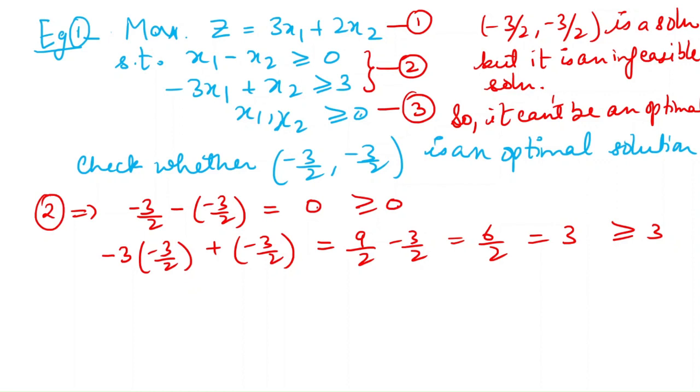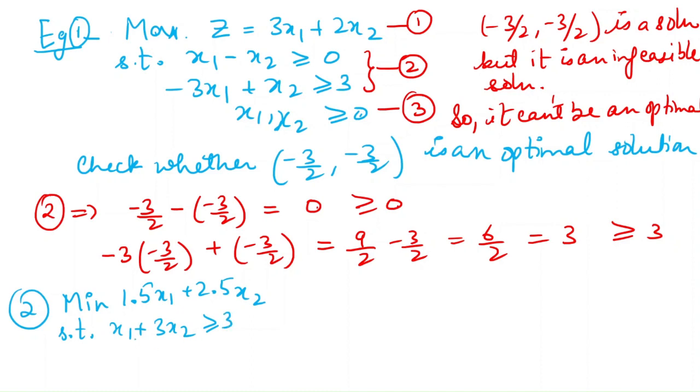So let's consider one more example where we have the minimization type of objective function. So these are the constraints, and this is 2, and the non-negativity that x1 and x2 both are greater than or equal to 0.